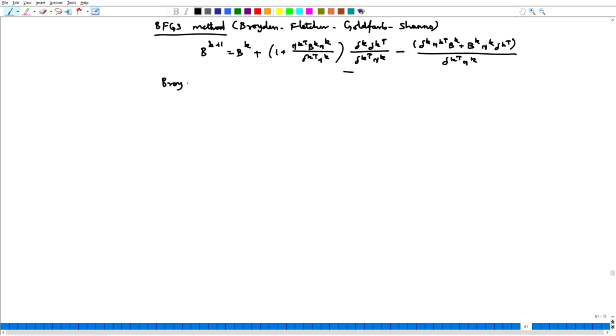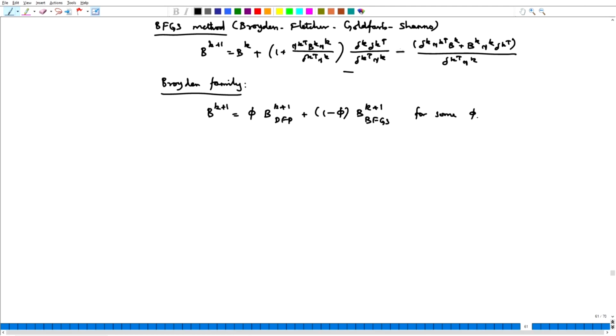When you say Broyden family algorithm, it is B_{k+1} equal to phi into B_{k+1} DFP plus 1 minus phi into B_{k+1} BFGS, for some phi in the closed interval 0 comma 1.